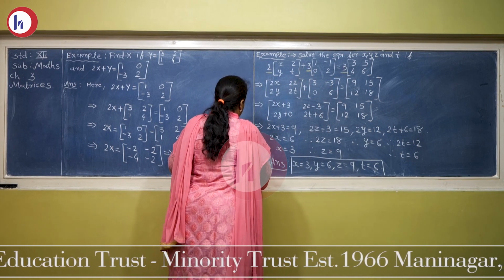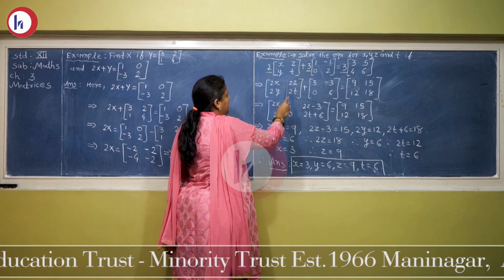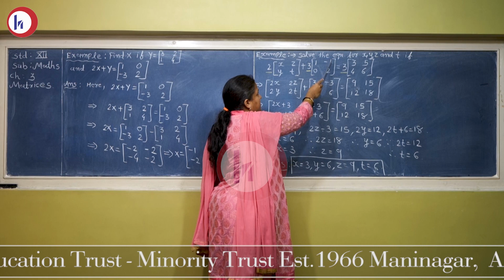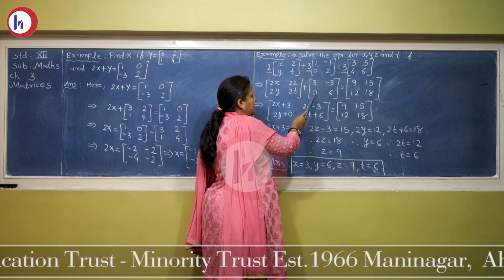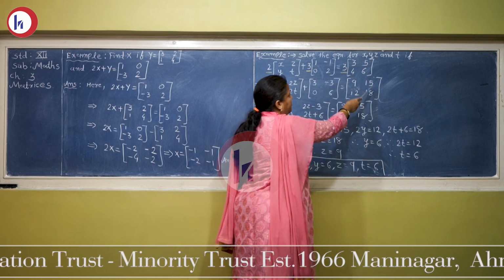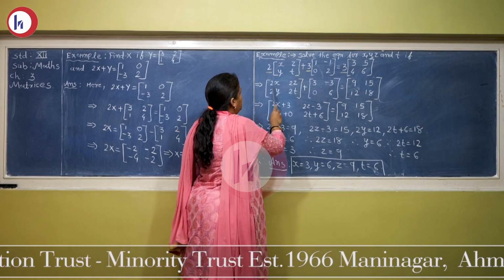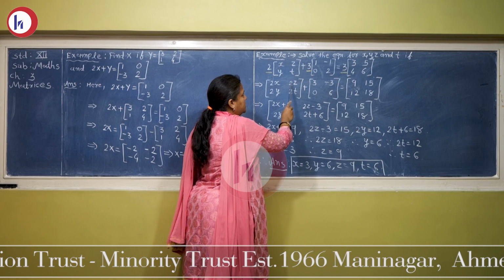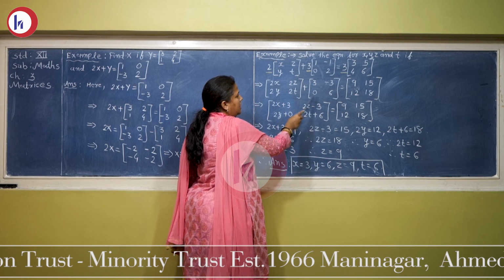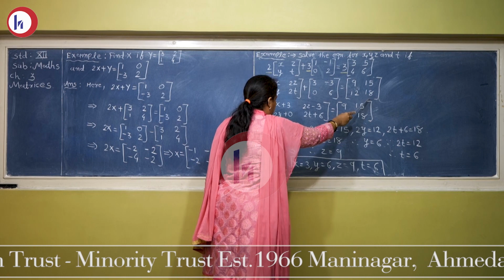So multiply this 2 by this one: 2x, 2y, 2z, 2t. Then 3, minus 3, 3 zeros are 0 and 3 twos are 6. That equals 9, 15, 12 and 18. Now here this is 2x plus 3, 2y minus 3, 2z plus 0 that is 2z, and 2t plus 6 equals 9, 15, 12, 18.